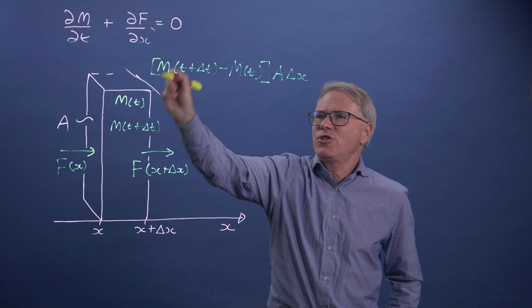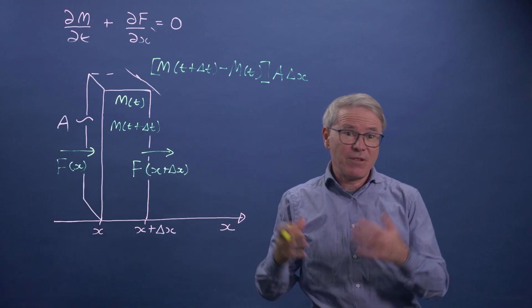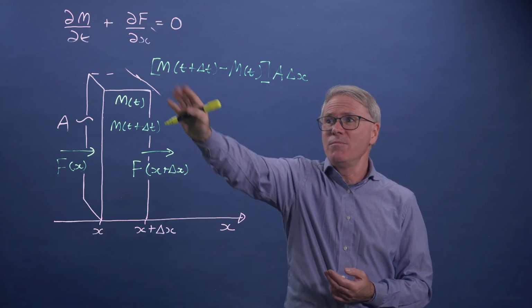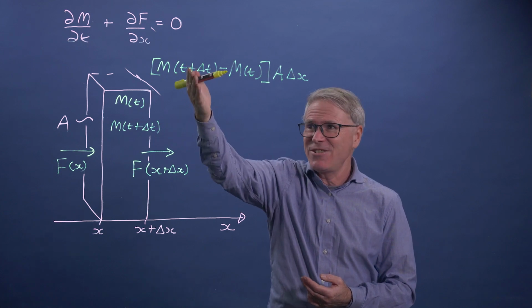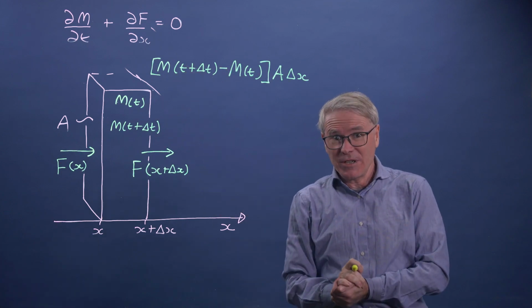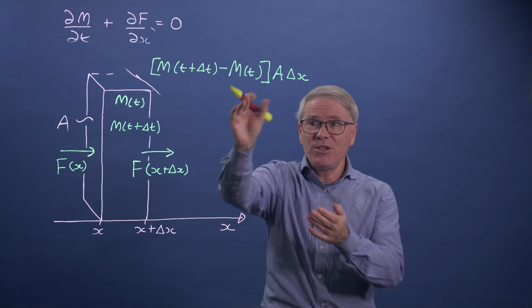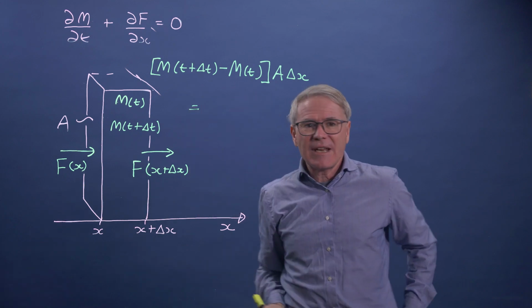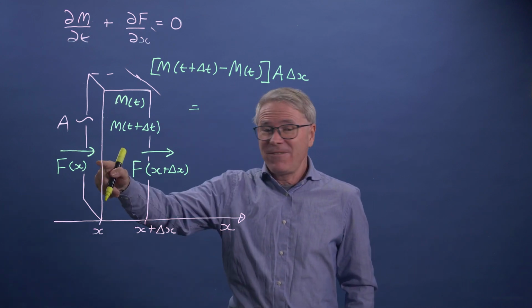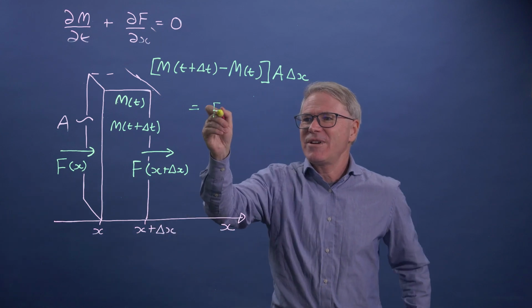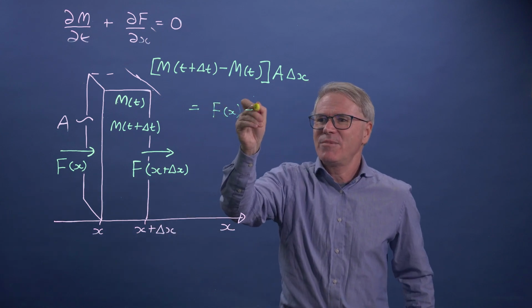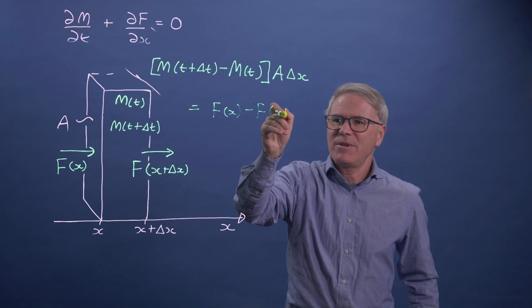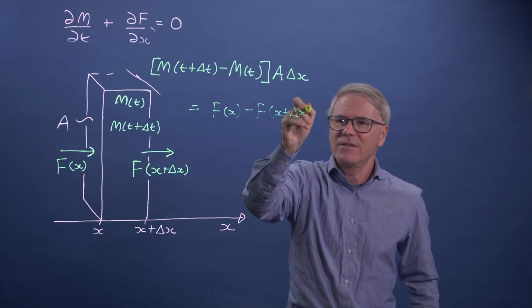So that is a change in mass measured, for instance, in kilograms. This is a volume, this is mass, it's actually a density, strictly speaking, a mass per unit volume. So this is the change in mass, and this has to be equal to the flux in minus the flux out, so f of x minus f of x plus delta x.